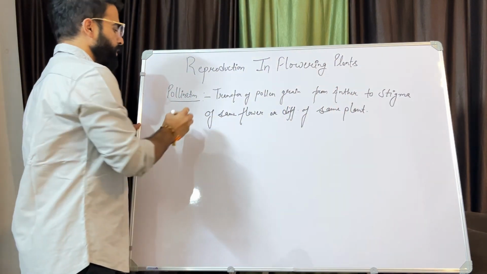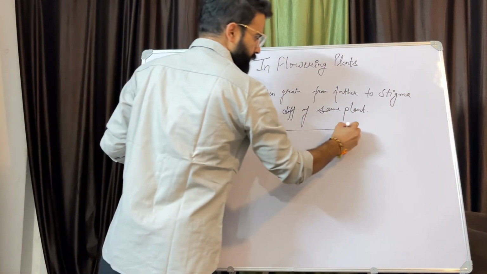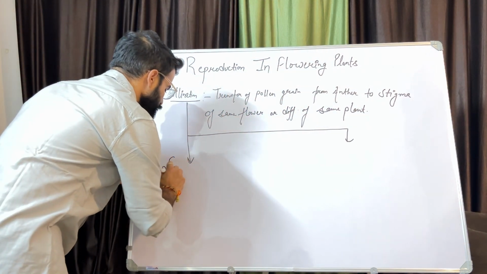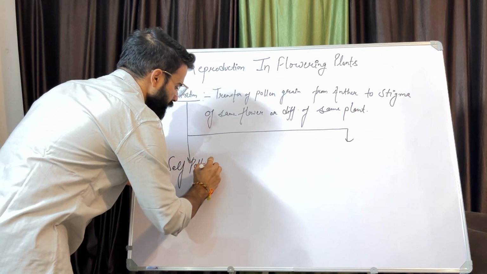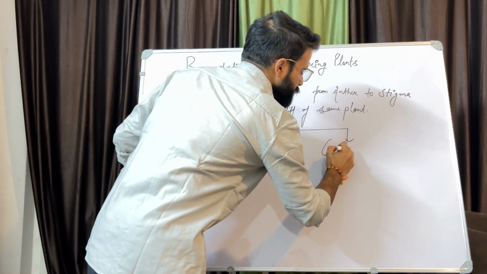Okay, so pollination is of two types. One is self-pollination and the other is cross-pollination.